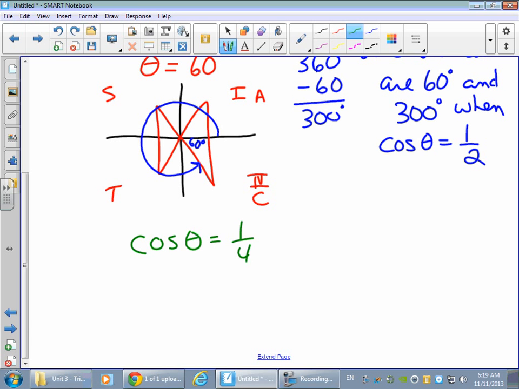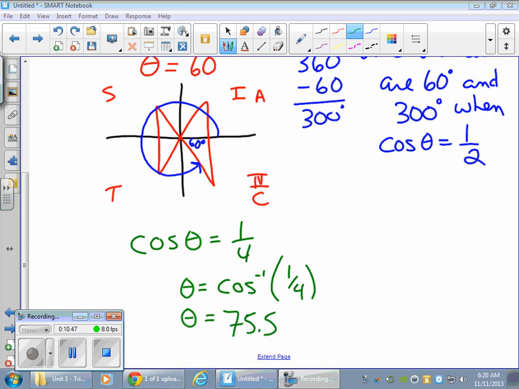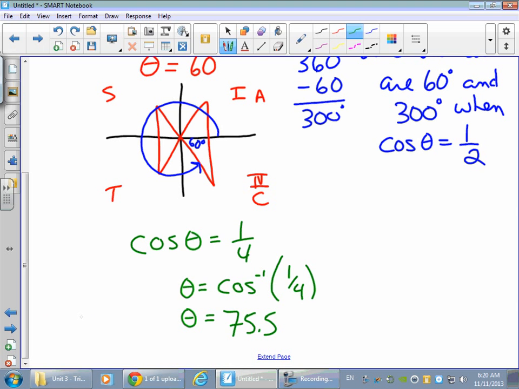And so what I would do then would be to actually use the calculator to find out what the value of theta is in that case. Inverse cos of 1/4 gives me approximately 75.5 degrees.